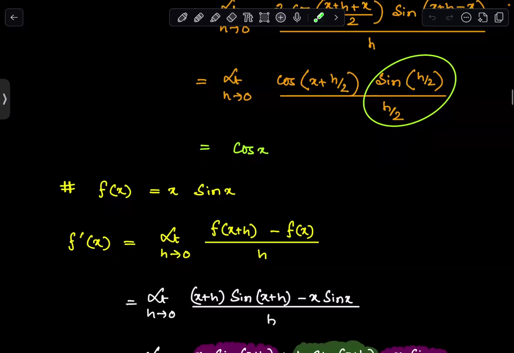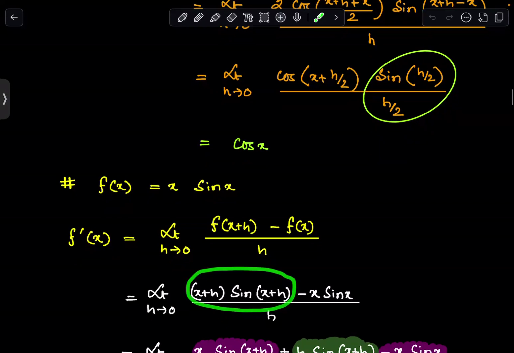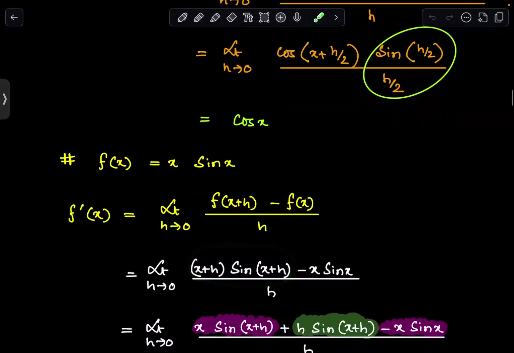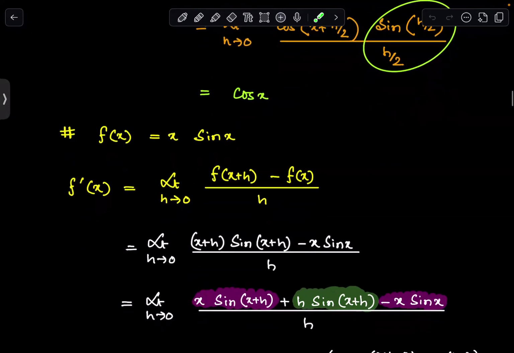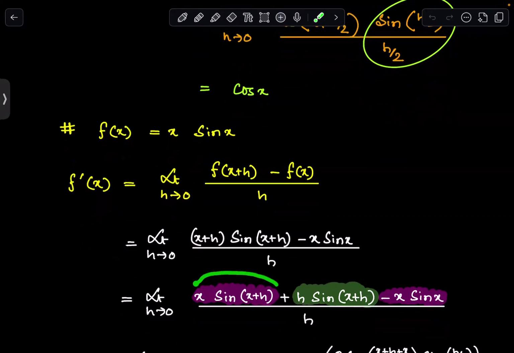For simplification purpose, we will firstly split this section. From here, we can get it split as x times sine of x plus h, and we will also get another term, h times sine of x plus h. Now, after the splitting, we will bring these pink highlighted sections together.